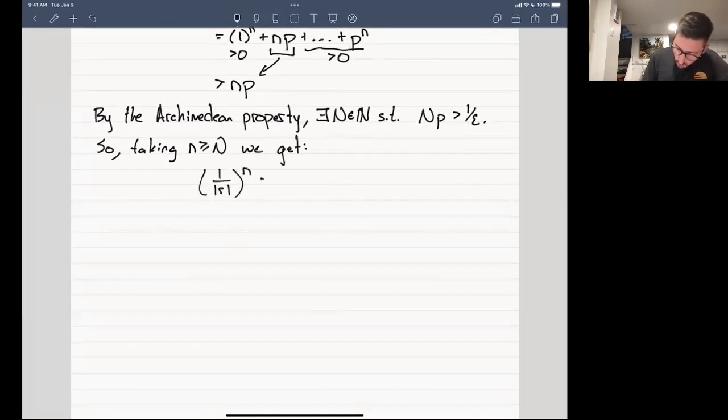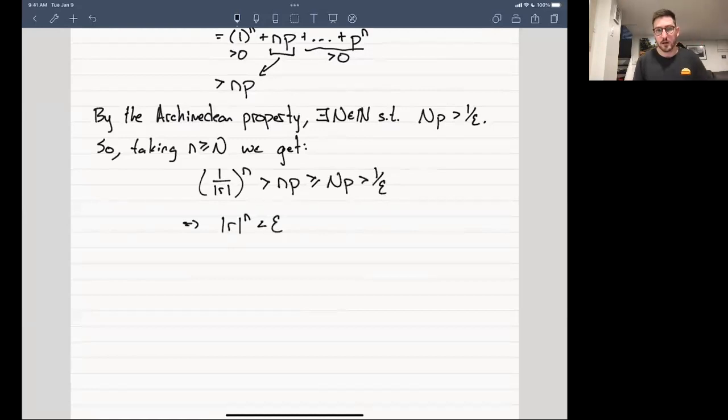And then after all of the manipulations before that, this becomes bigger than n times p, which p is positive, n is greater than or equal to capital N. So I get capital N times p here, which is bigger than 1 over epsilon, which implies that the absolute value of r to the n is less than epsilon. So therefore, r to the n converges to 0 as n goes to infinity. Right? So we argued from the definition, this epsilon definition.